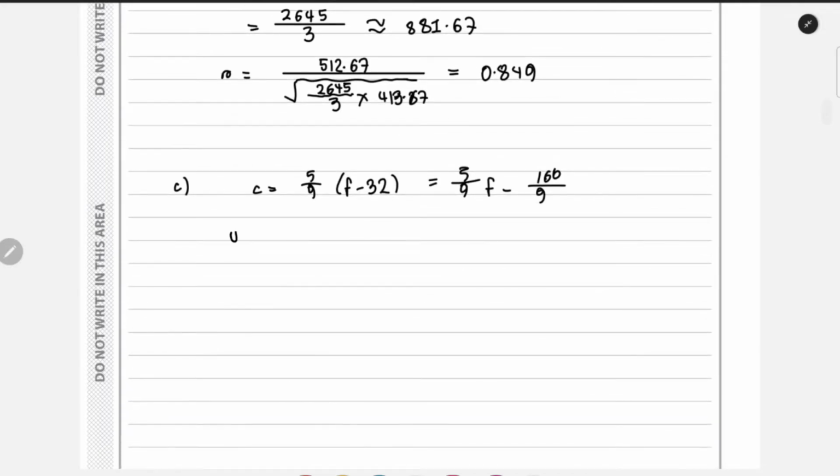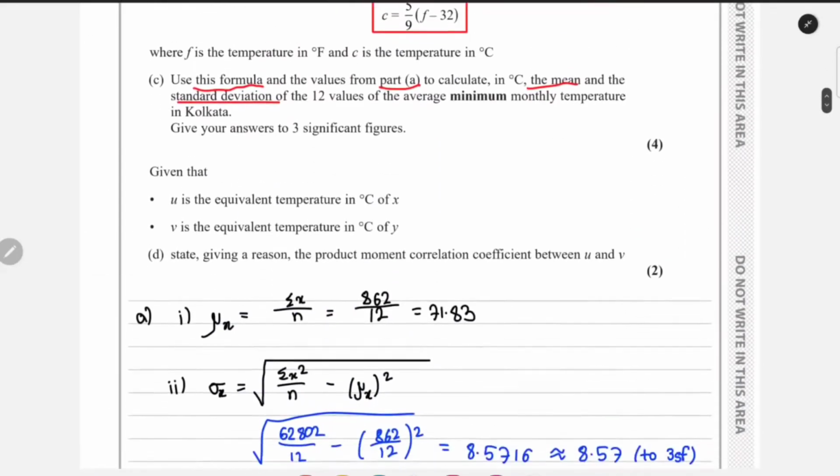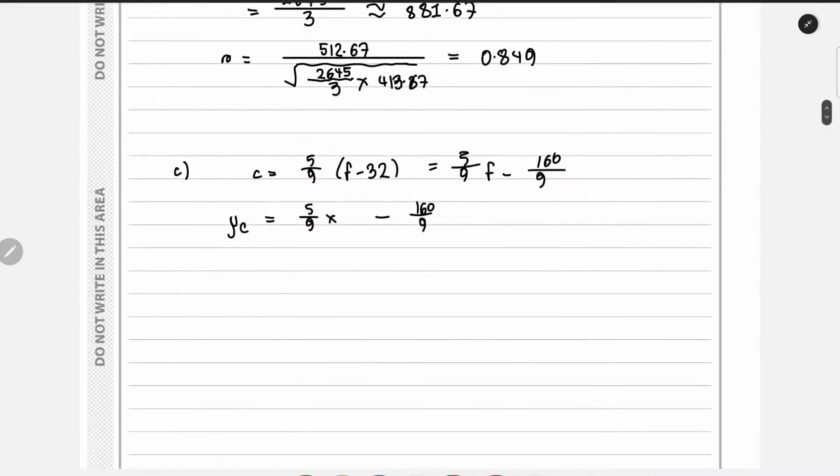If we see mean of C, we'll get 5 by 9 times mean of F minus 160 by 9. So mean of F is basically the mean temperature, so 862 by 12. So this will come out 22.1.